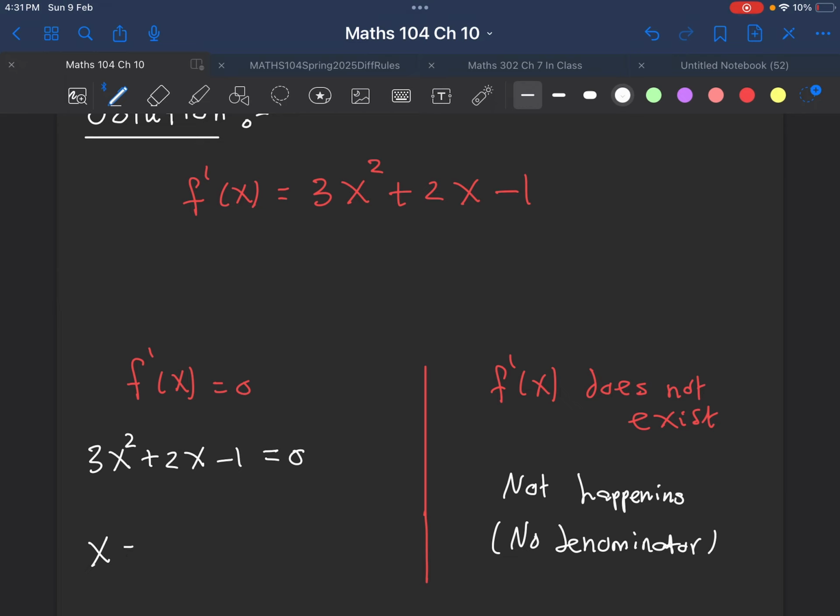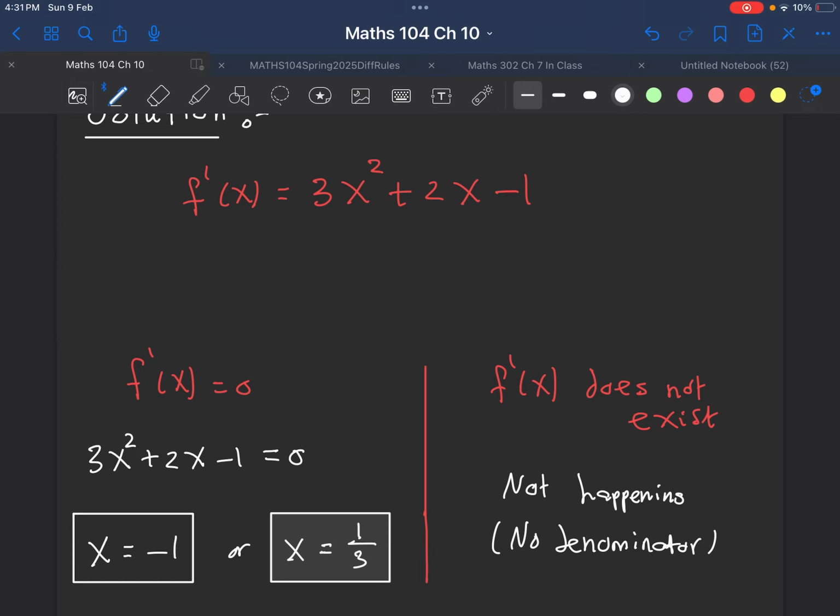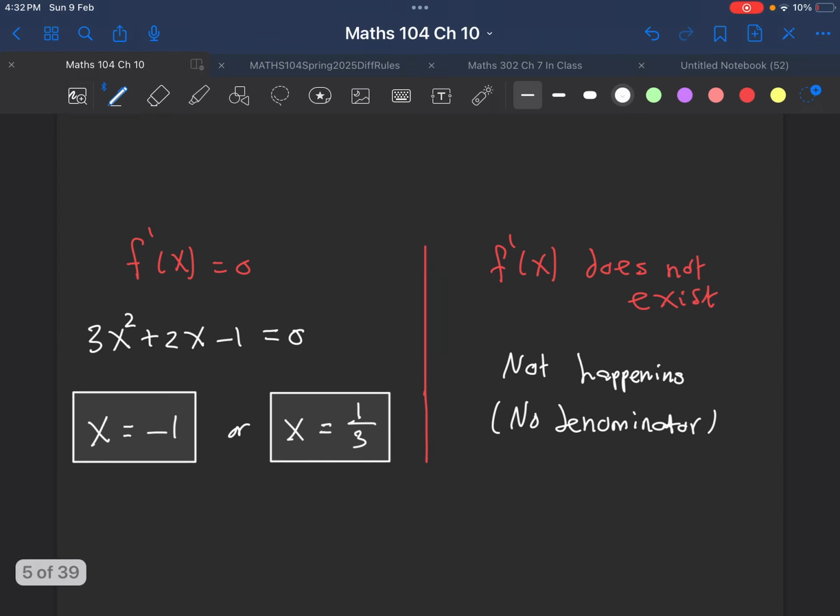So the answer will be x equals -1 or x equals 1/3. So the critical numbers are just -1 and 1/3.